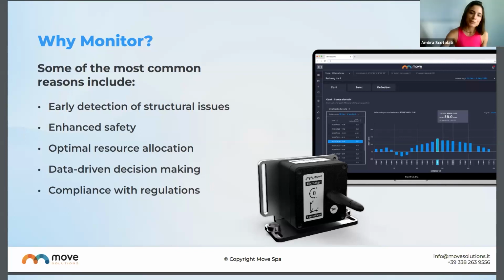Structural health monitoring also provides valuable insights into the actual behavior and condition of the structure, which helps optimize resource allocation. How? By focusing maintenance efforts on areas that require attention the most, usually with targeted and cost-effective interventions.